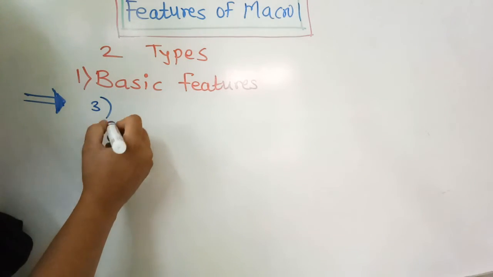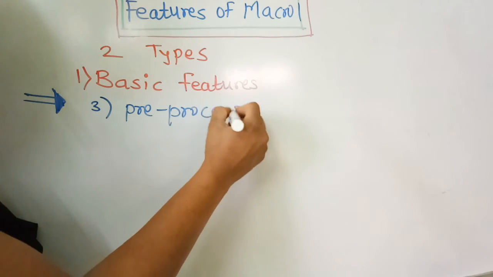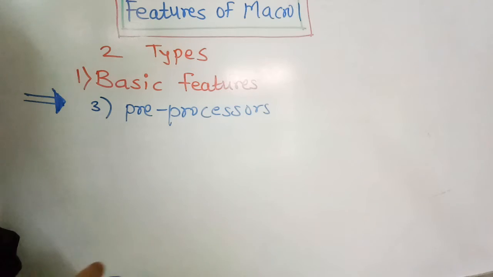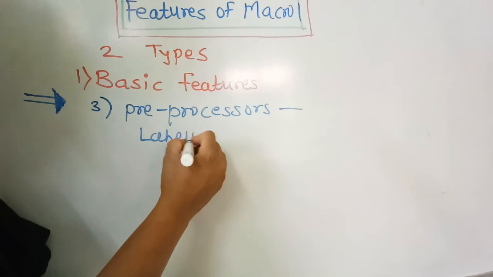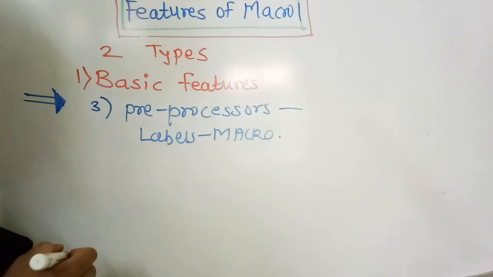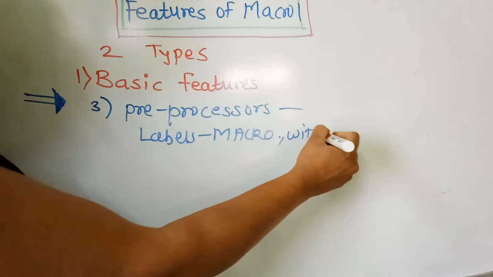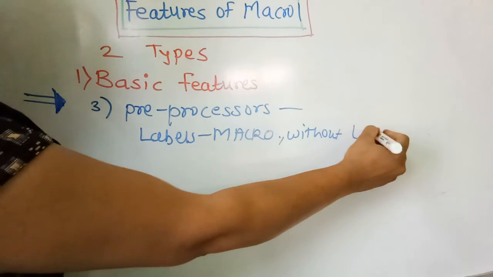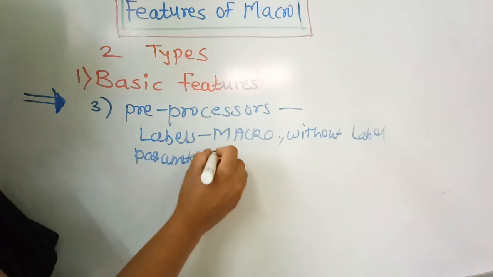It is nothing but the preprocessors, and they also allow labels in macro definition without label parameter passing.